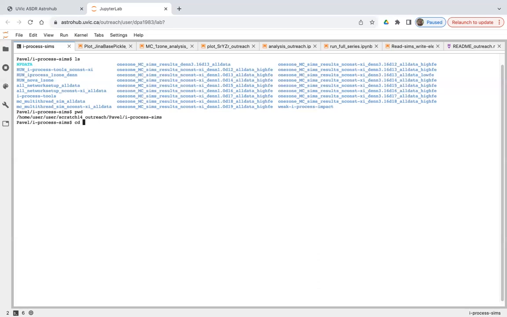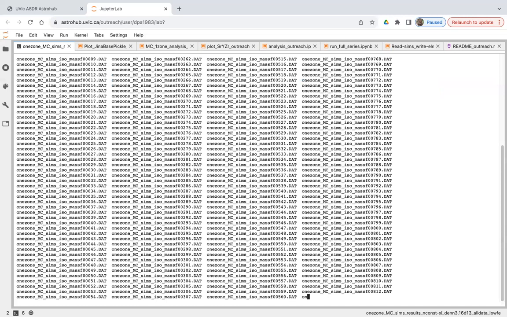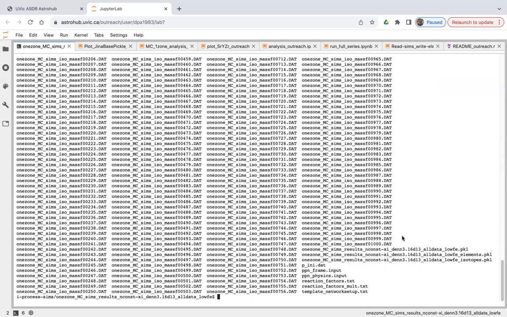So let me just go to this Monte Carlo simulation run results directory and show you its contents. Okay, so here, as you can see, there are 1,000 files with the final mass fractions abundances.